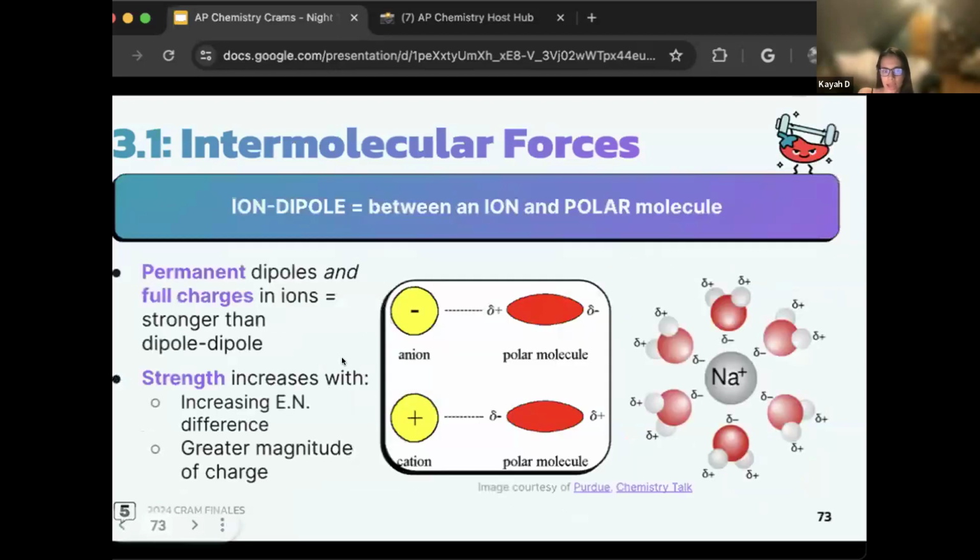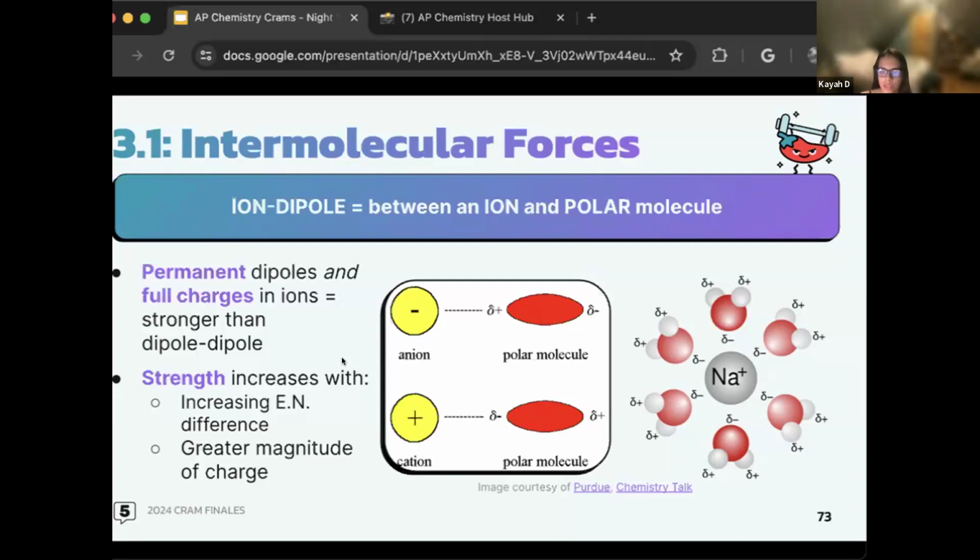Now, to move on to ion-dipole forces, which, as the name suggests, are between ions and a polar molecule. Remember, if there's anything you take away from this section, non-polar molecules only have London dispersion forces as an intermolecular force. Never, never put a dipole-dipole force between non-polar molecules.